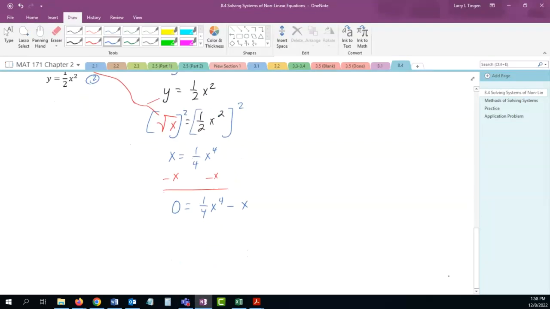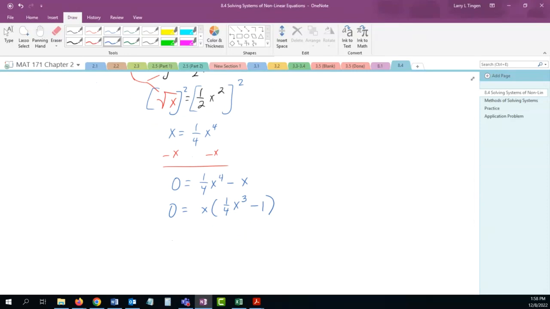Well, now on the right I have two terms. Both of them have x in it. I want to solve for x. So I'm going to factor one of those x's out, and that's going to leave me 1/4 x cubed minus 1. Why is that?